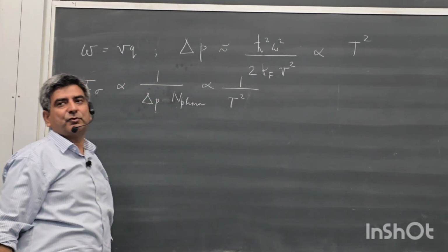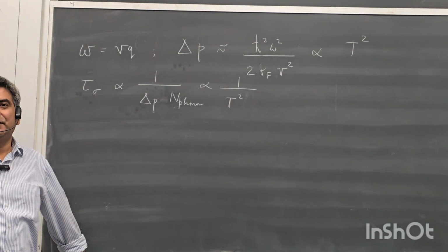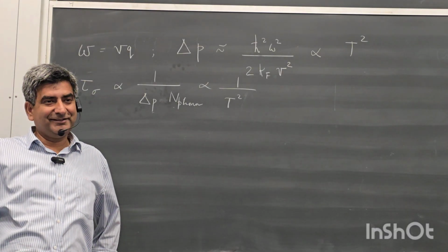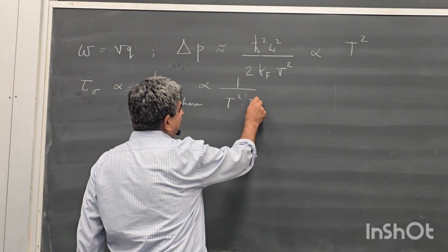And what about the number of phonons at low temperature? At low temperature, the number of phonons is proportional to the cube of temperature, isn't it? So we have a factor of 3 here.